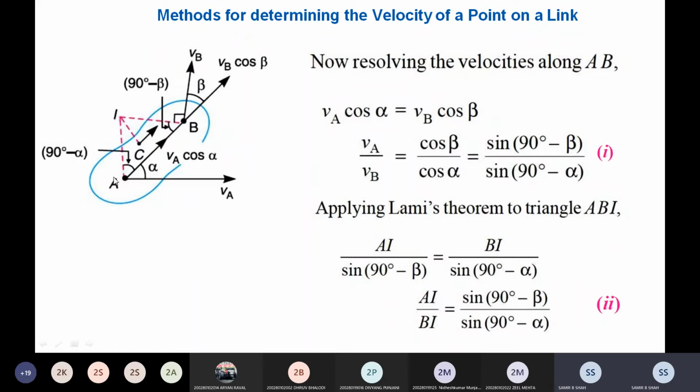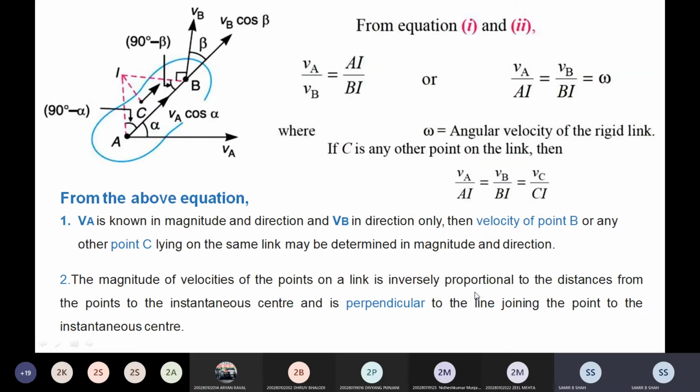And as I already mentioned, if this is alpha, then this is definitely 90 minus alpha, because the whole angle is 90, and if this is beta, then the remaining is 90 minus beta. So based on that, we get AI upon BI equal to sin(90 minus beta) upon sin(90 minus alpha). From equation 1 and equation 2, it is very easy to compare both, and we consider that VA by VB is equal to AI by BI.